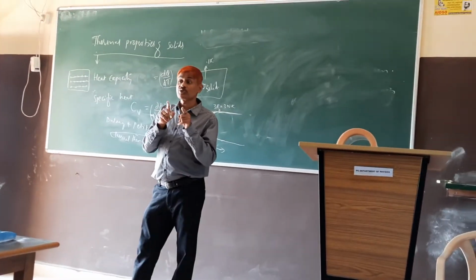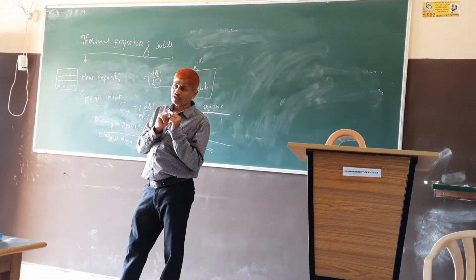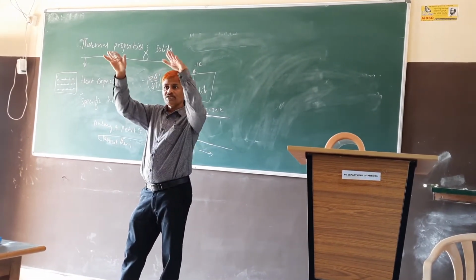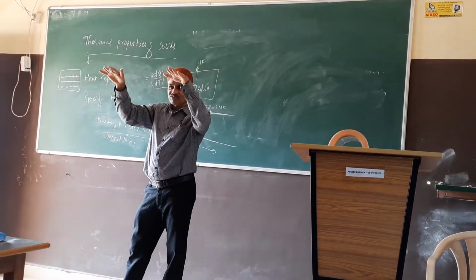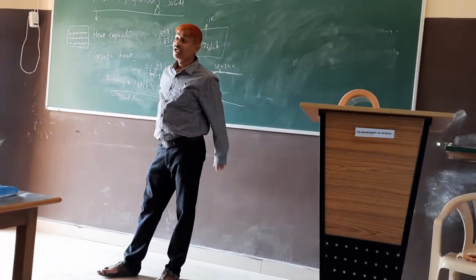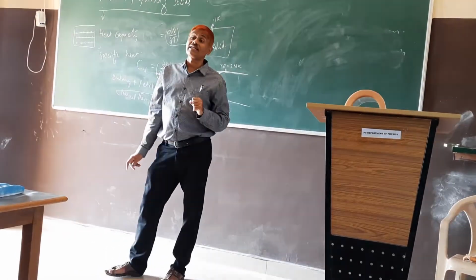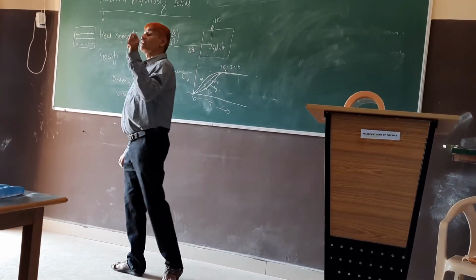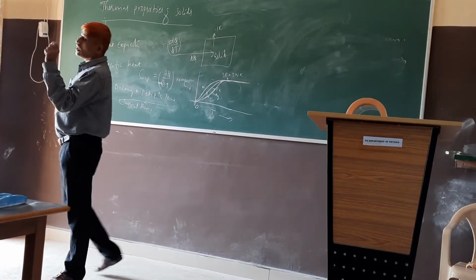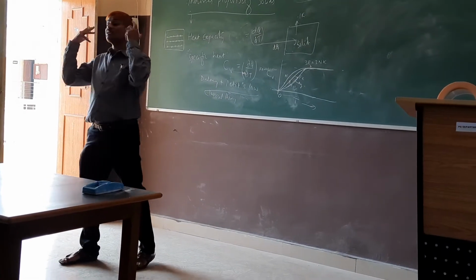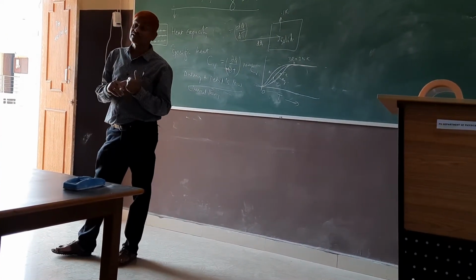So there is a contribution of lattice vibration. Whenever it is losing energy, the lattice amplitude goes on decreasing 5, 4, 3, 2. And there is another energy involvement. Means the energy that you supply is also used to increase the energy of the electrons.